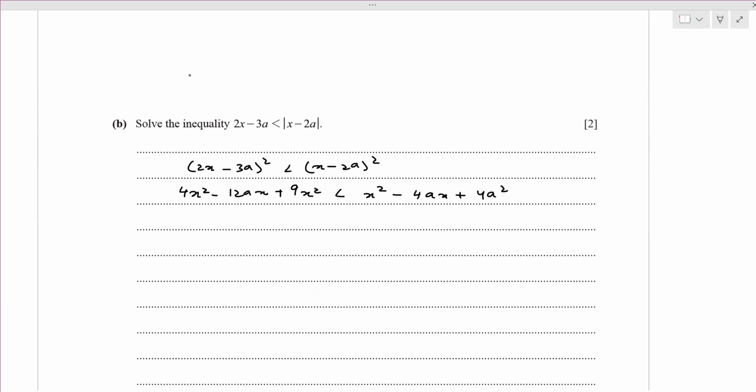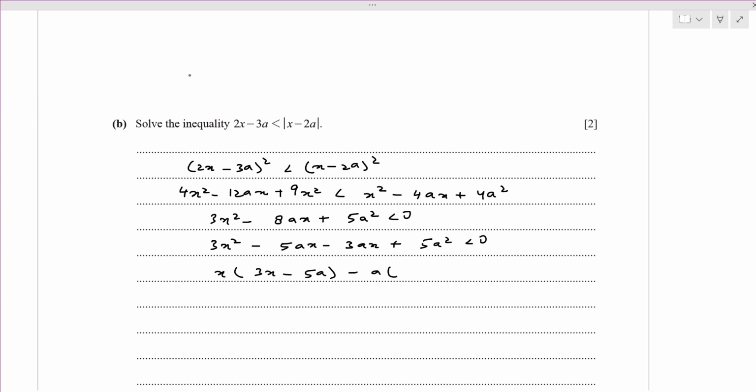Arrange it. So it will be 3x squared minus 8ax plus 5a squared less than 0. Factorize it by middle term breaking, minus 5ax, or any method of factorization you can use here. x common, so it will be 3x minus 5a.